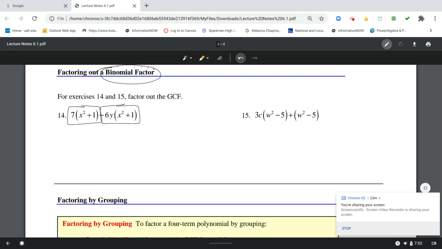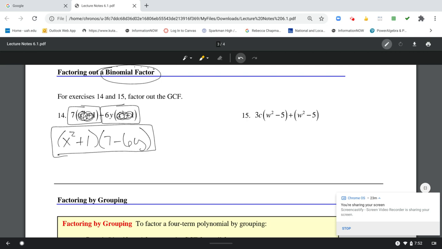So what we're going to do is factor out the x squared plus 1. When we do that, we write down what we see left behind. So 7 minus 6y goes in a totally separate group. Now, that is what you get when you take out that common group.